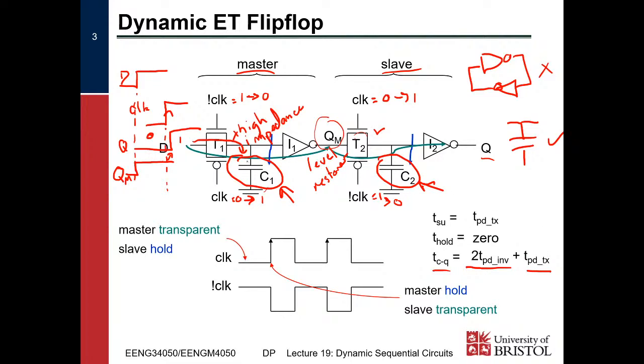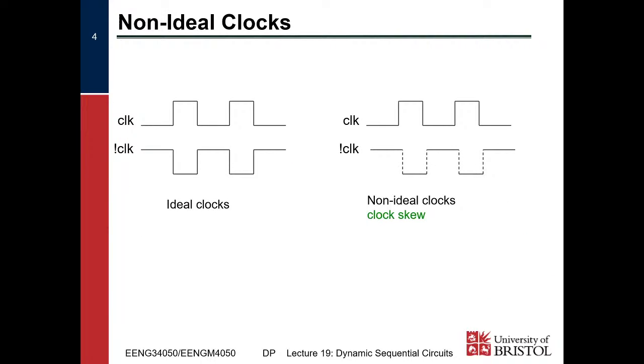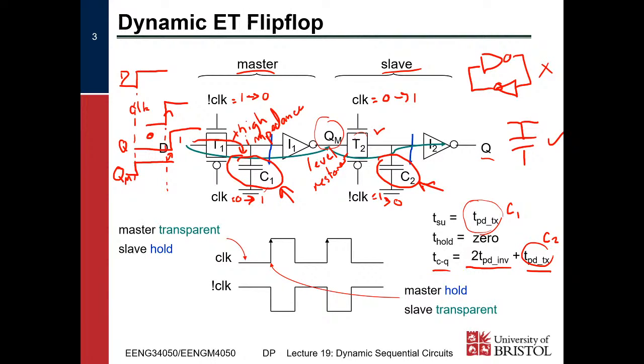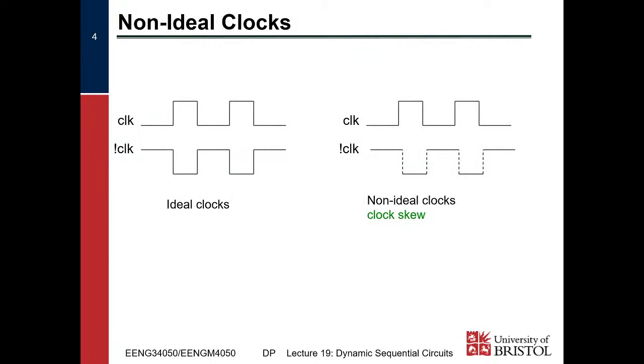And similarly C1 is included as part of the delay of this transmission gate, right? C1, C2, the time taken to charge up those capacitors, because they are the gate capacitance of I1 and the source or drain capacitance of T1, for example. Okay? So, just like our static flip-flop, just a different storage element.